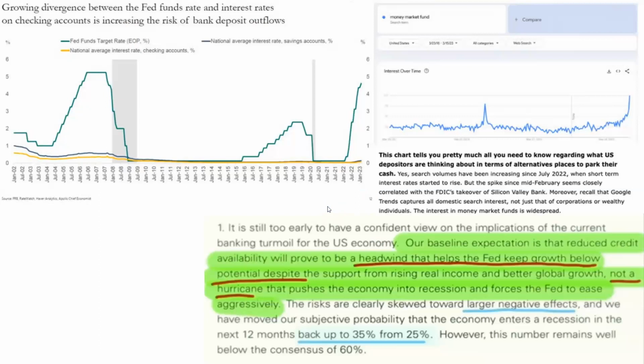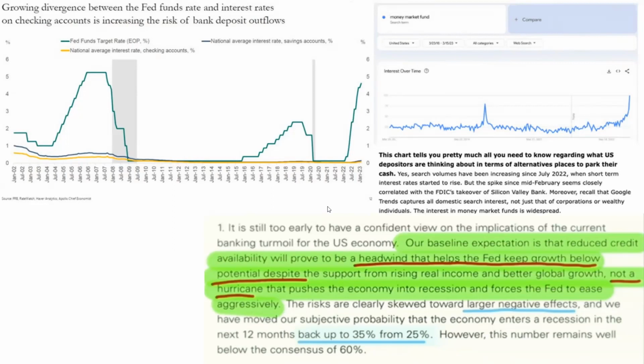Moreover, recall that Google Trends captures all domestic search interest, not just that of corporations or wealthy individuals. The interest in money market funds is widespread, so it's not just from corporations or wealthy individuals. This is truly widespread interest that we're seeing here in money market funds.